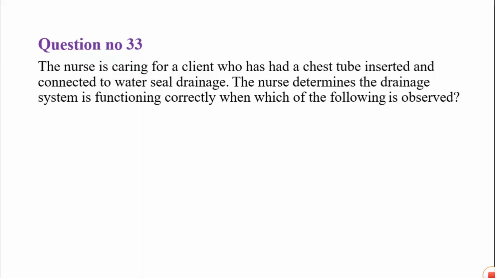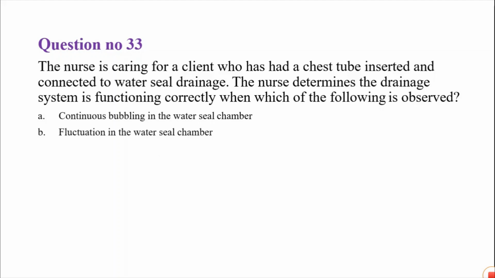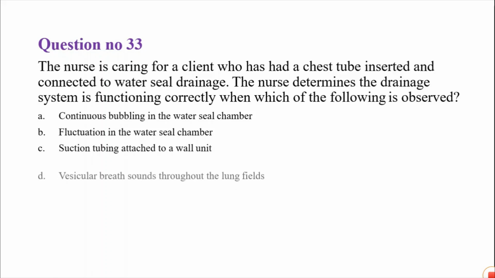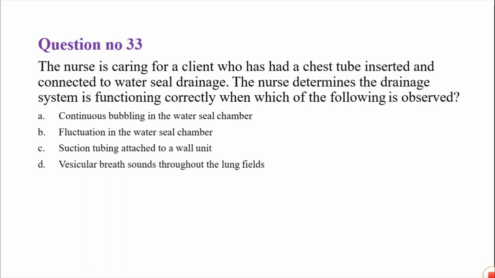The options are number A, continuous bubbling in the water seal chamber. Number B, fluctuation in the water seal chamber. Number C, suction tubing attached to a wall unit. Number D, vesicular breath sounds throughout the lung field.